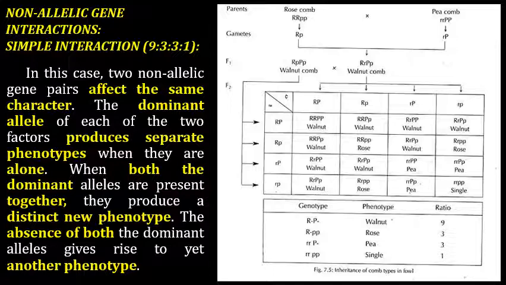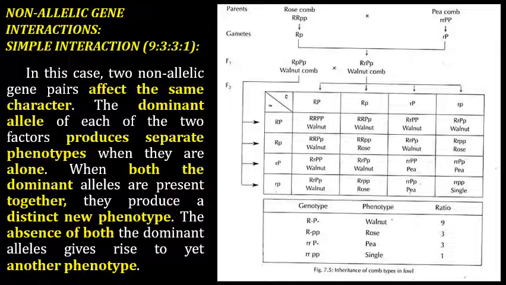In the case of the rose comb, the genotype is capital R, small p, and the pea comb has the genotype small r and capital P. So the gametes will be capital R small p for the rose comb, and small r capital P for the pea comb. The F1 generation produces walnut comb.